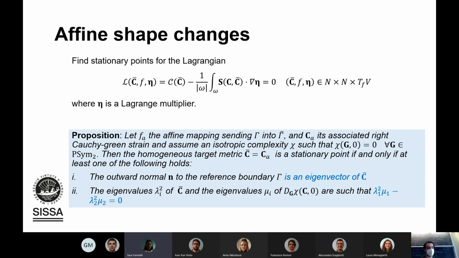So the first one is that the outward normal n to the reference boundary gamma is an eigenvector of C bar. The second one is that the eigenvalues lambda I of the target metric and the eigenvalues mu I of this quantity, which is the derivative of the complexity density with respect to the target metric, satisfy this relation.